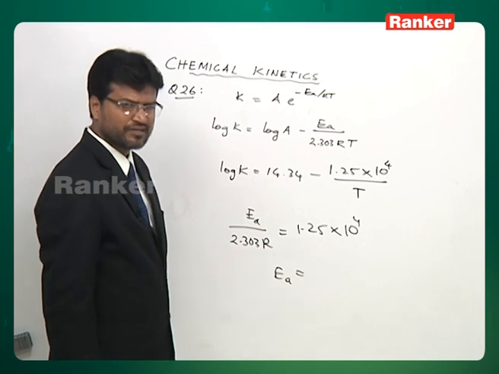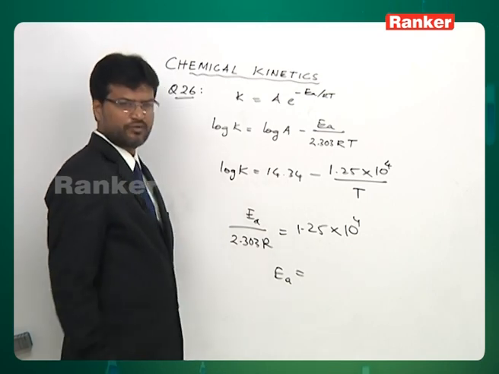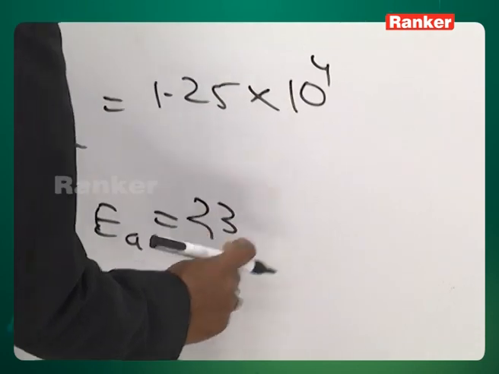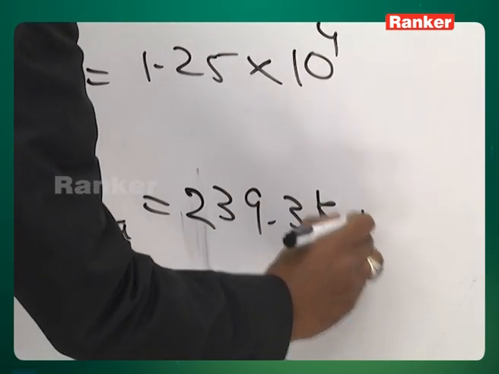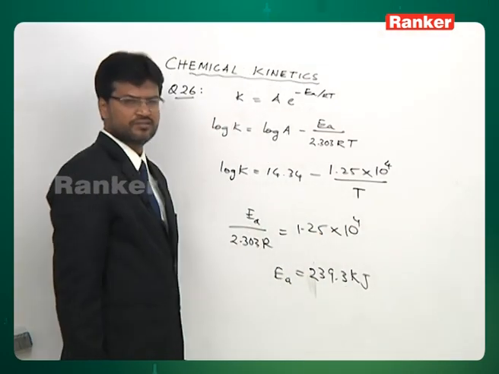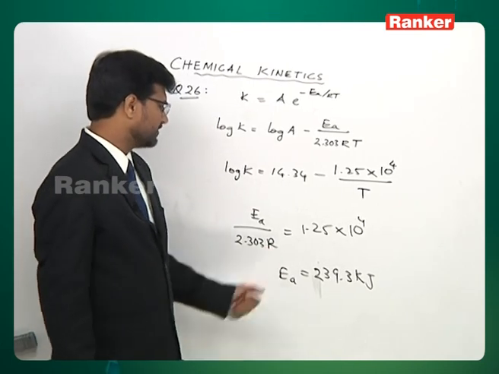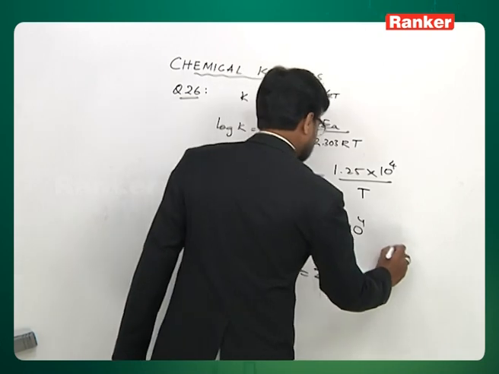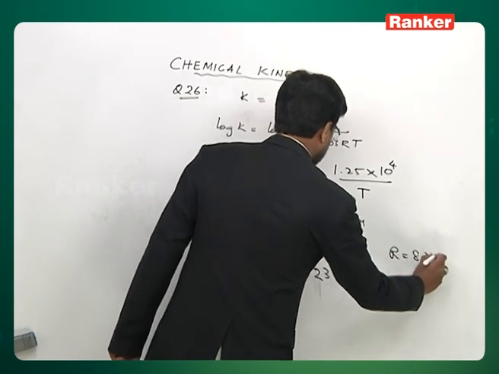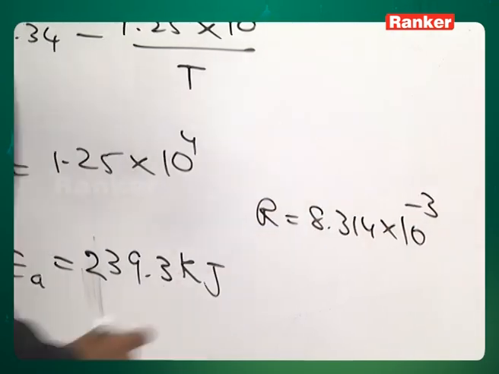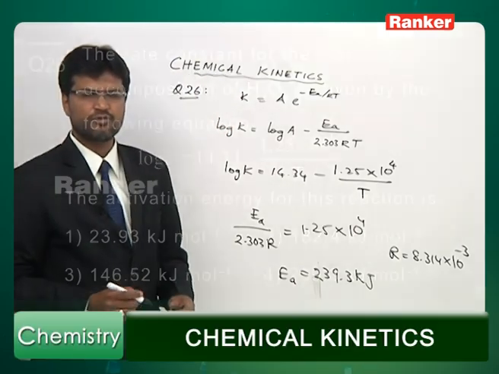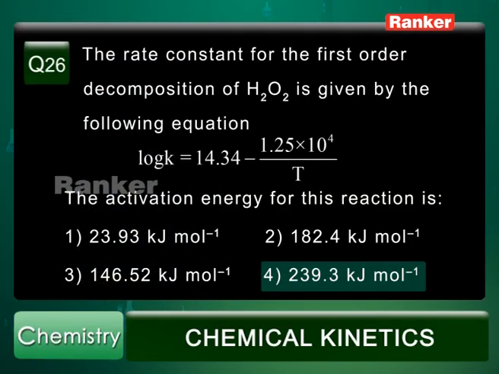Putting the value of R, you get the answer 239.3 kilojoules per mole. So, the answer is the fourth option.